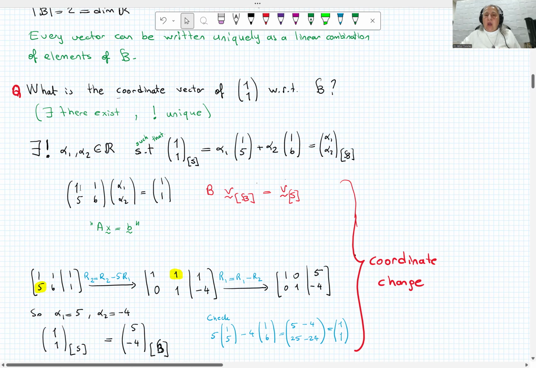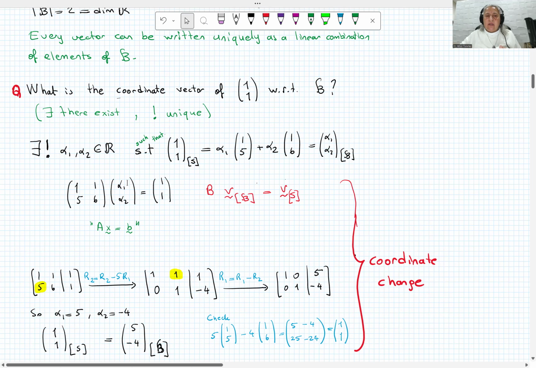So how to find out alpha 1, alpha 2? This equation looks like an equation Ax = b. If you write down the coefficient matrix, we have (1, 5) and (1, 6), and we have alpha 1, alpha 2. This times this will be the first row, and this times this will give you the second row. So this is a linear system of equations. I will call this matrix the B matrix.